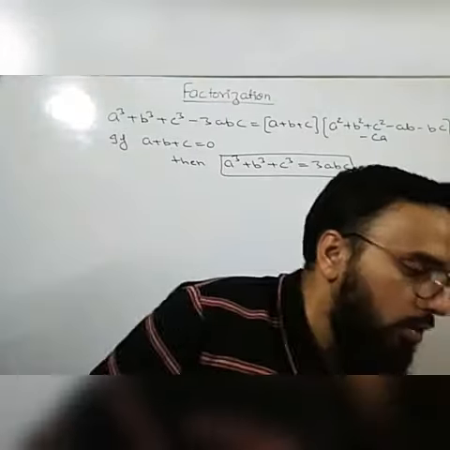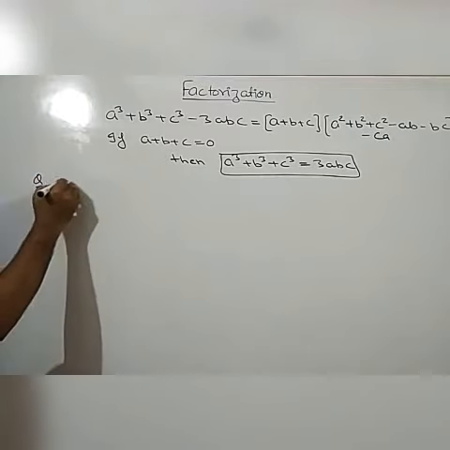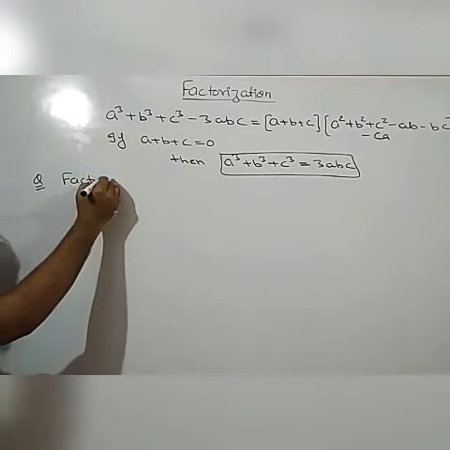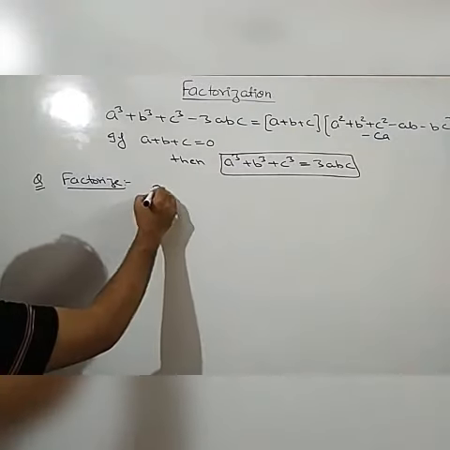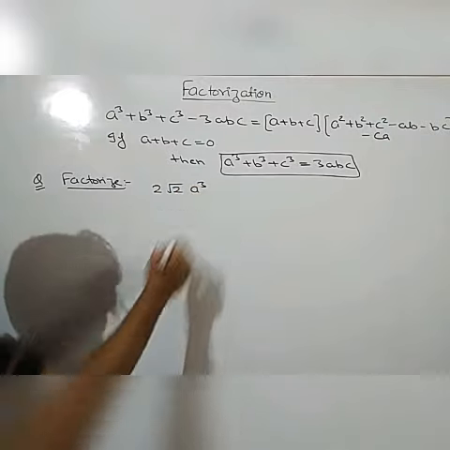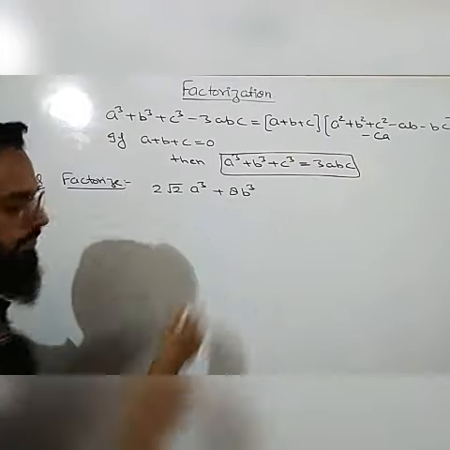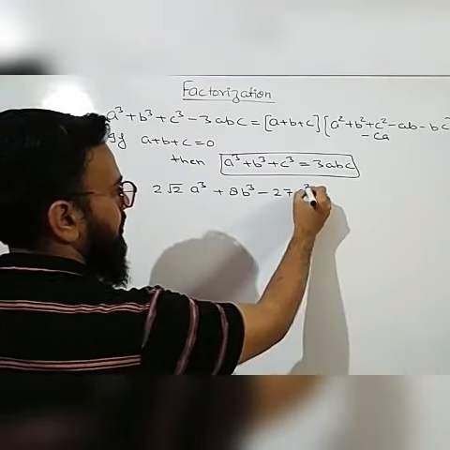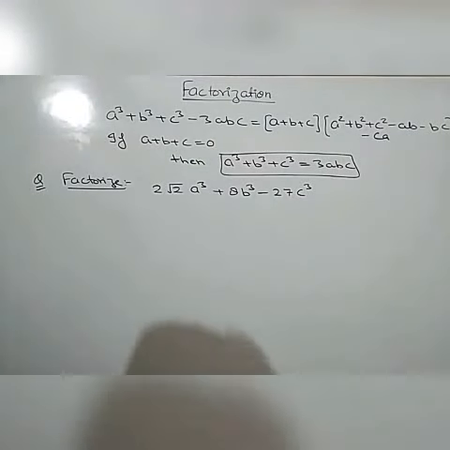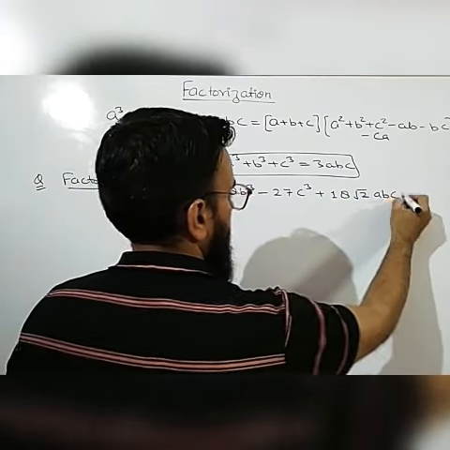Now again we are going to start some important questions based on this particular identity. So let us solve one question. The question is, we have to factorize 2 root 2 a cube plus 8b cube minus 27c cube plus 18 root 2 abc.